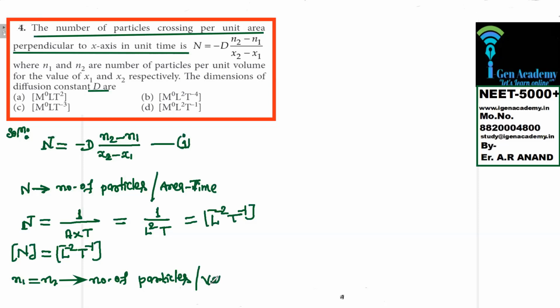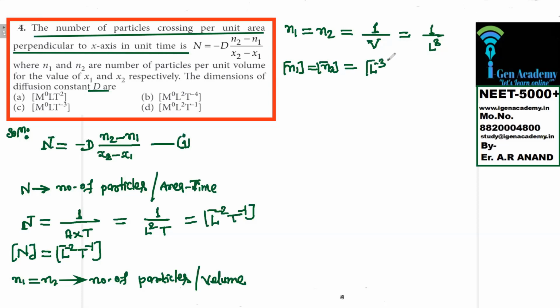In the same way, I'm going to write the dimensions of N1 and N2. This is number of particles, so I'm writing 1 for that. Per unit volume, so I'm writing L cube over here. As we know, the dimensions of volume is L cube. So you'll be getting the dimensions of N1 and N2 as L raised to the power minus 3.